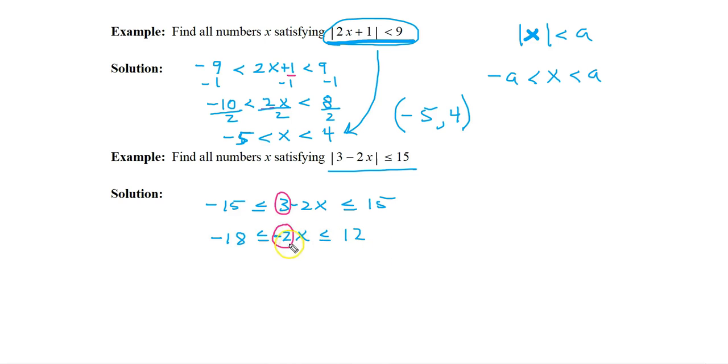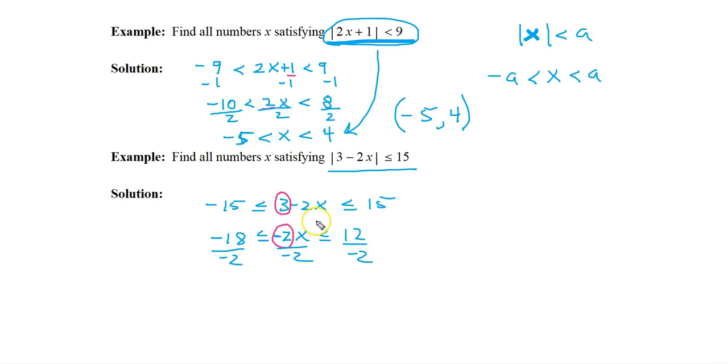So we're going to divide everything by -2, which is the same as multiplying by -1/2. Now if you multiply or divide by a negative number, remember by the rules of inequalities you must flip your inequality when you do that. So when we divide everything by -2, we must flip these inequalities.